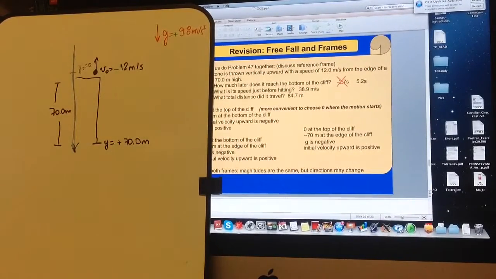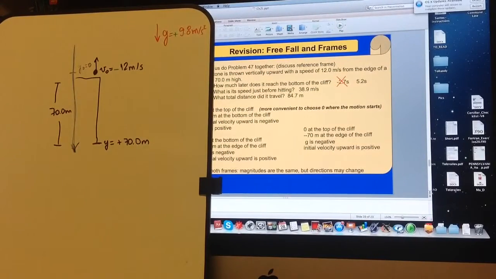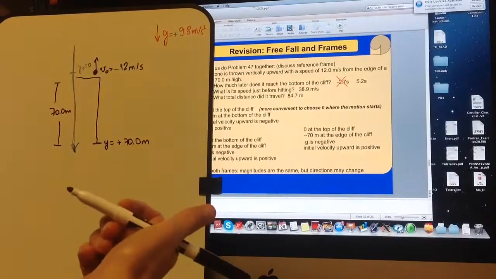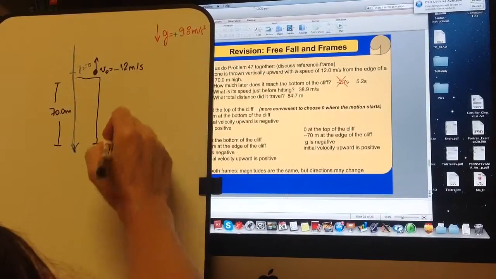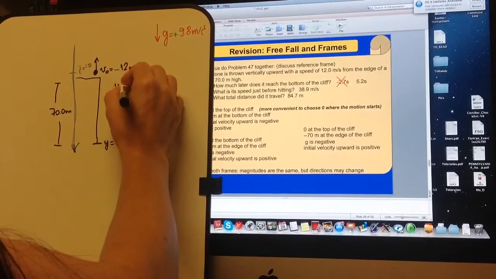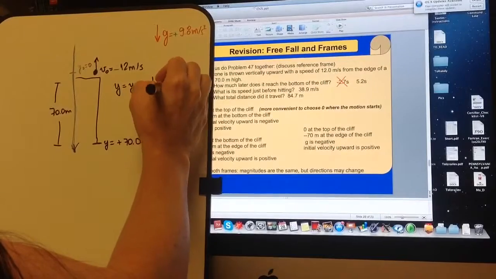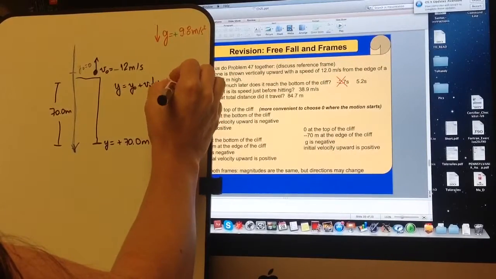Alright, so let's go. First question is, how much later will that stone reach the floor? Well, if we want information about time, we have positions. A good way is to use the equation y equals y naught plus v naught t plus g over 2 t squared.